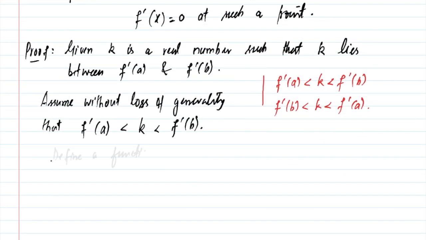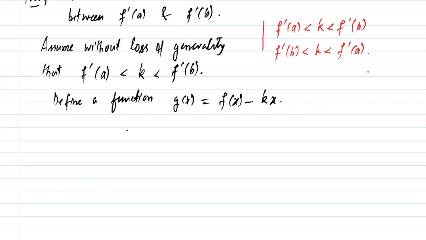Now define a function g of x as f of x minus kx. Then g of x is differentiable because f of x is differentiable as well as kx is differentiable. Therefore g of x is differentiable on the interval a comma b.